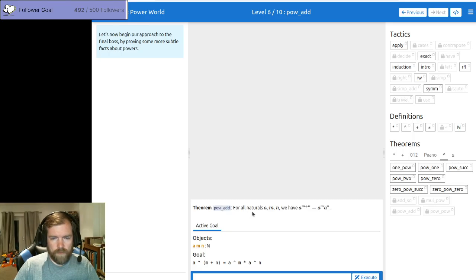Pow_add. For all natural numbers, we have a, m, and n, where we have a to the m plus n is equal to a to the m times a to the n. Like, I think we should just do induction.